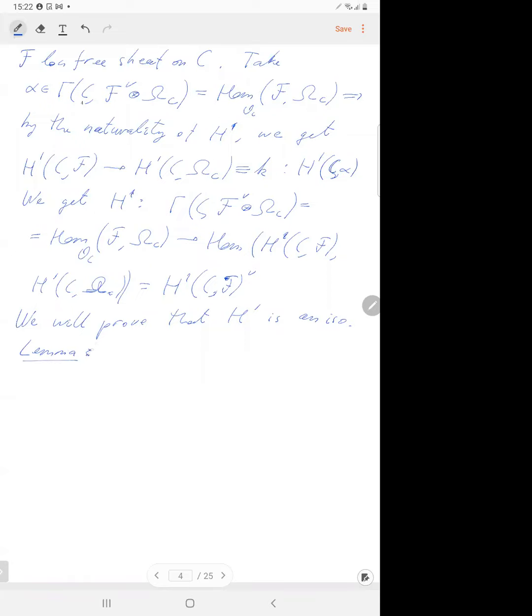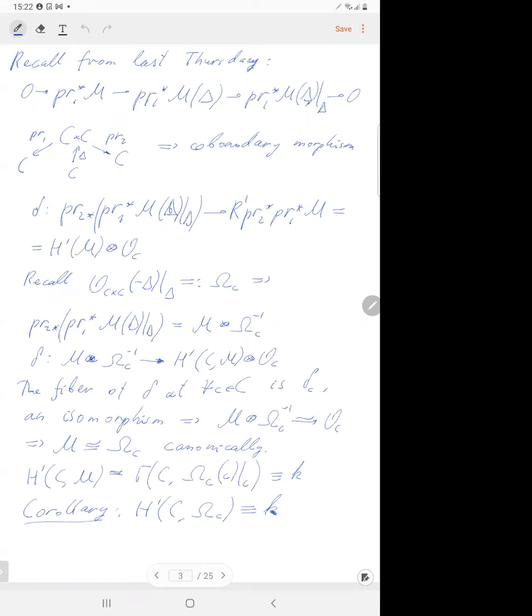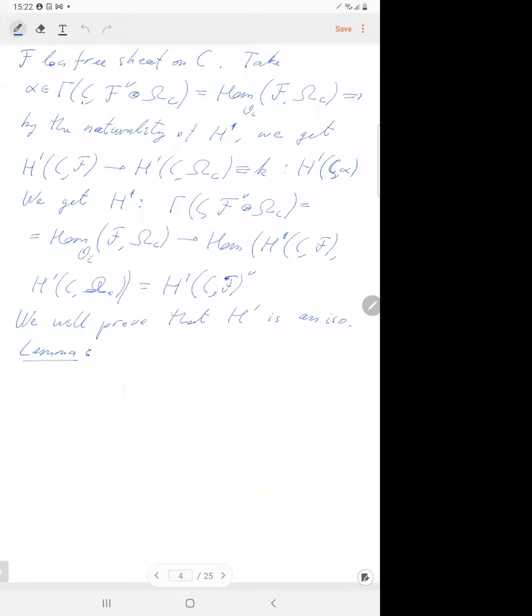We need the following reformulation. So we have this coboundary morphism, delta, here. Let's apply it in two situations.